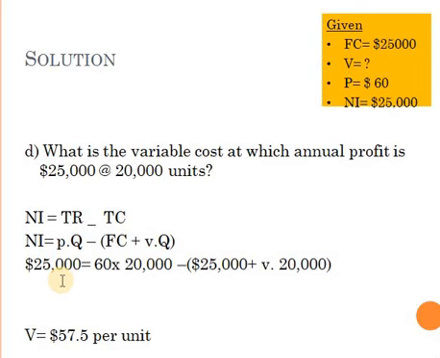Now I will fill in the values that I have. I know that the net income 25,000 equals P of 60 times Q of 20,000, minus FC of $25,000, minus V, the value that I don't know, multiplied by the quantity of 20,000 units. So the value of V will be $57.5 per unit.